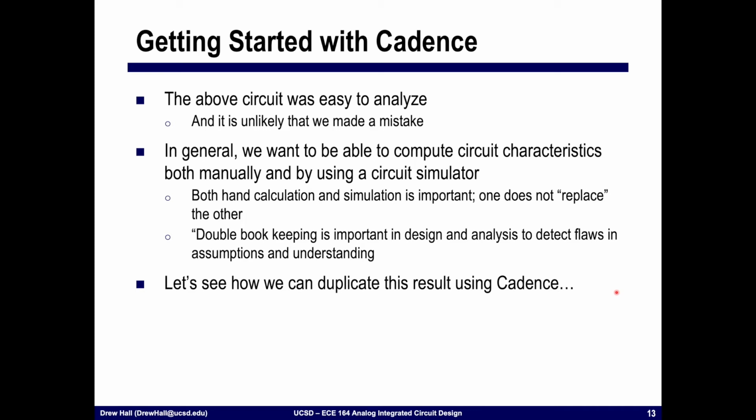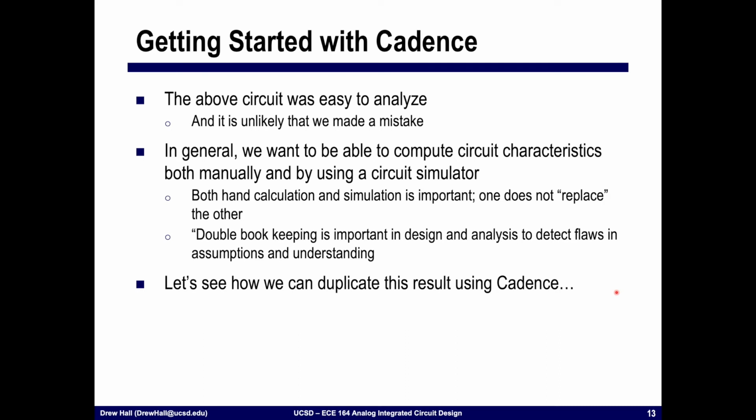Okay? And so in this way, it's not really that one replaces the other. They're both important. We need to use the hand calculations with simplifications and assumptions in order to develop intuitive analysis and intuitive methods in order to be able to fix and change and manipulate the circuit, whereas the circuit simulator is nothing more than crunching the numbers.